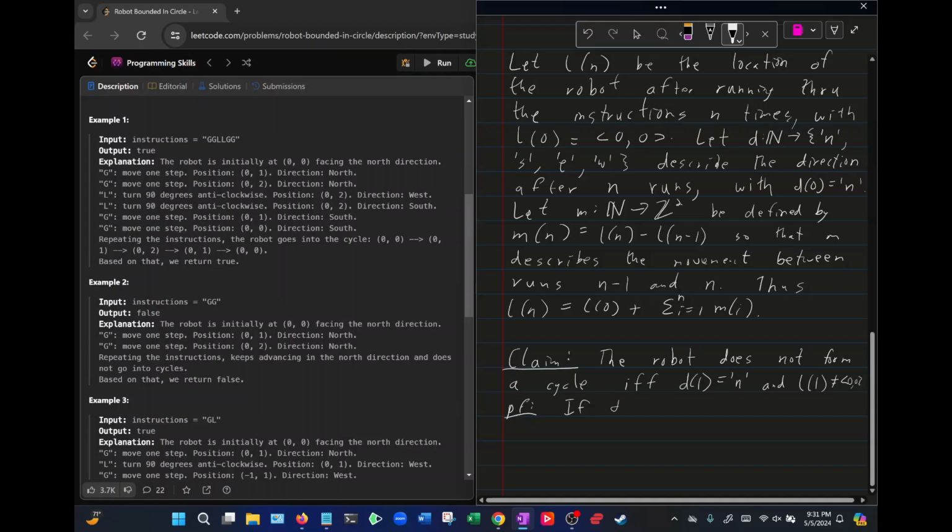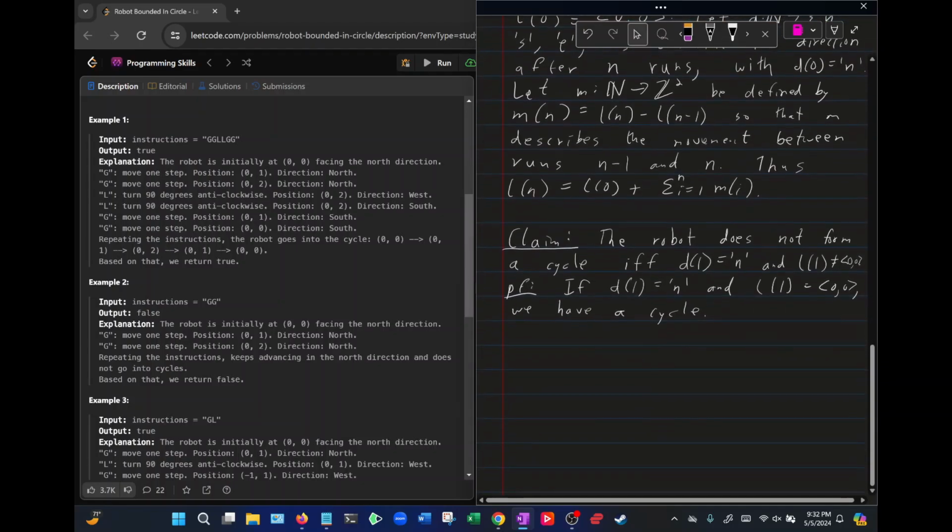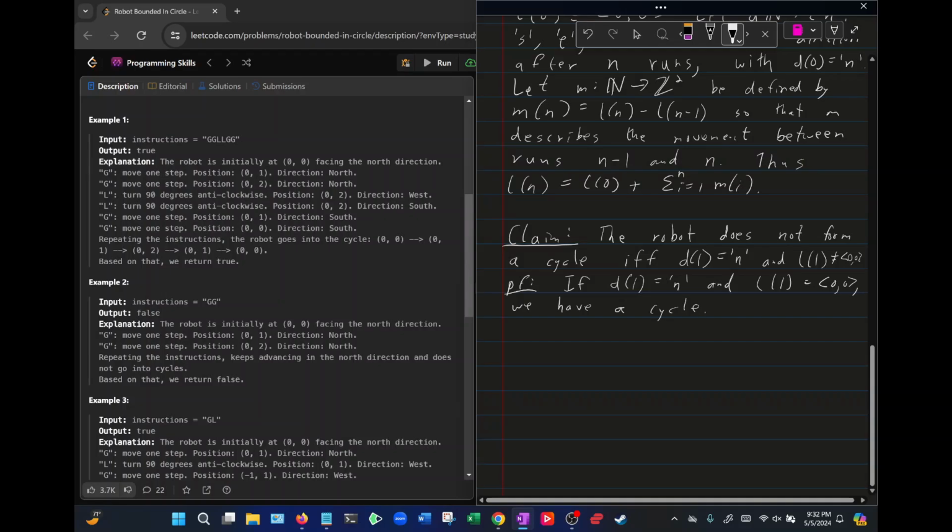So if D1 is north and L1 is the origin, we have a cycle. And that's straightforward, because if you're going to be at the origin facing north after one iteration, you're going to be there after every single iteration. And so you're never going to leave the cycle that you go through in that first set of instructions. Okay, so that's going to be one case.